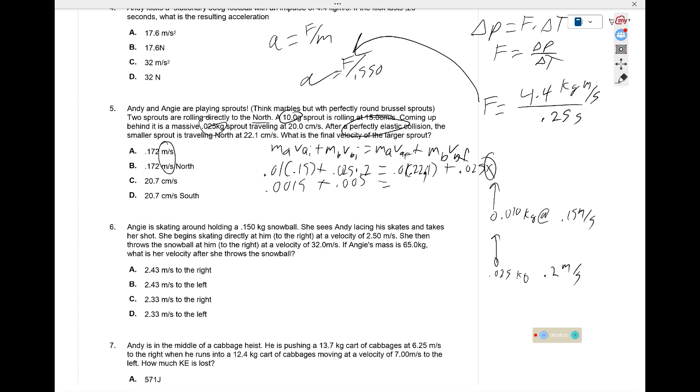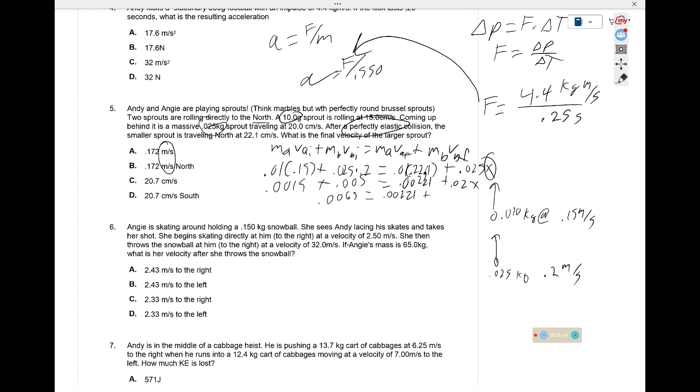Then 0.221 times 0.01 is 0.00221, plus 0.02x. So I'm going to add up 0.005 plus 0.0015, and I get 0.0065 equals 0.00221 plus 0.02x.